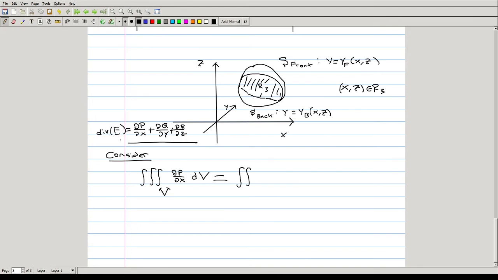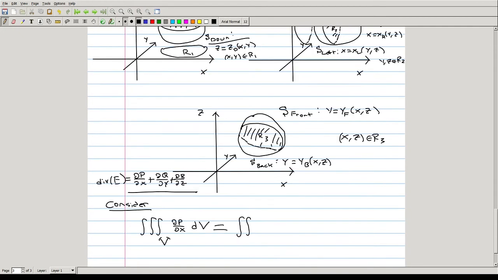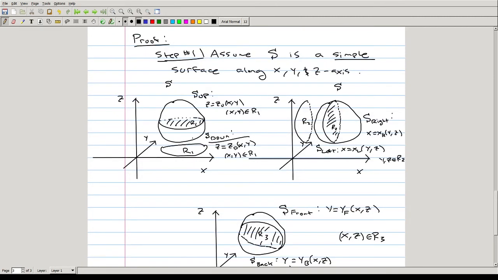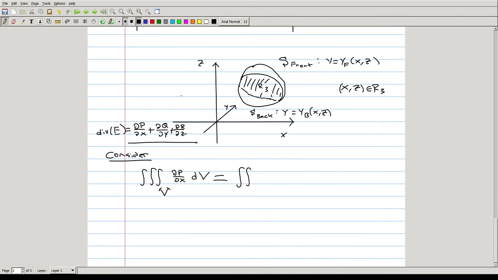So if we assume that S is a simple surface, and region V is a simple region, then we can evaluate this as the double integral over, sorry, not R1.